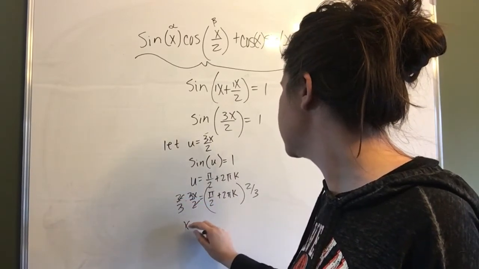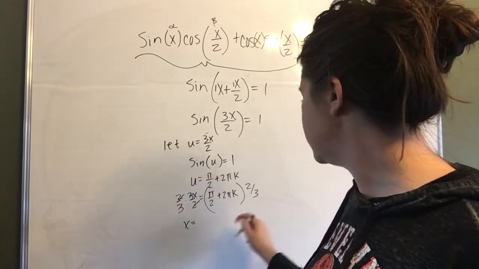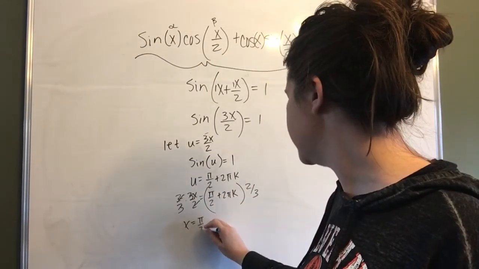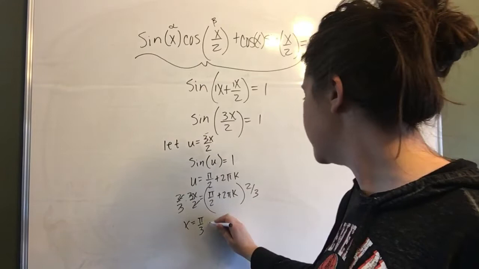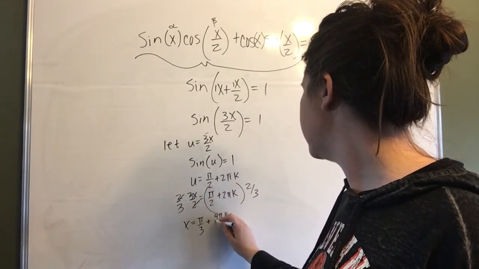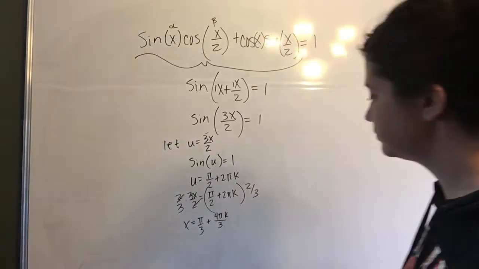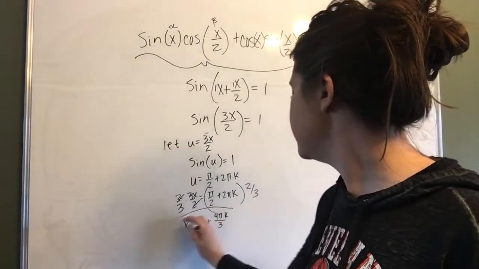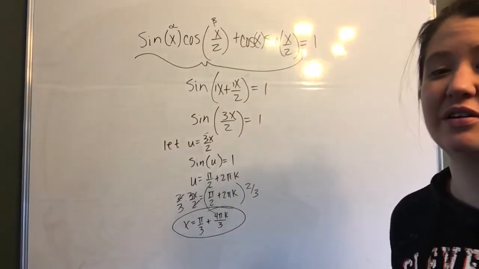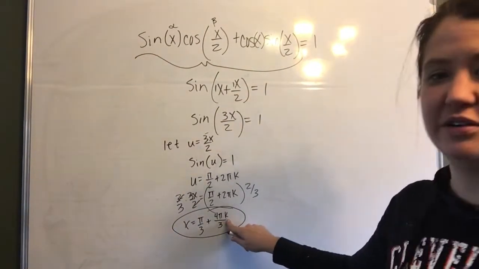That leaves us x equals, if I distribute the 2/3, we end up with pi over 3 plus 4 pi k over 3. So that's your final answer that represents every single possible answer in existence, right, for any integer k.